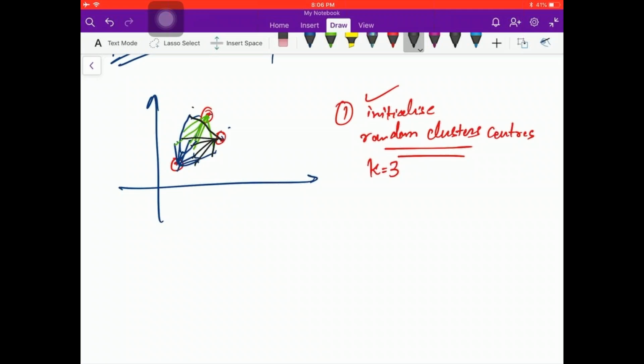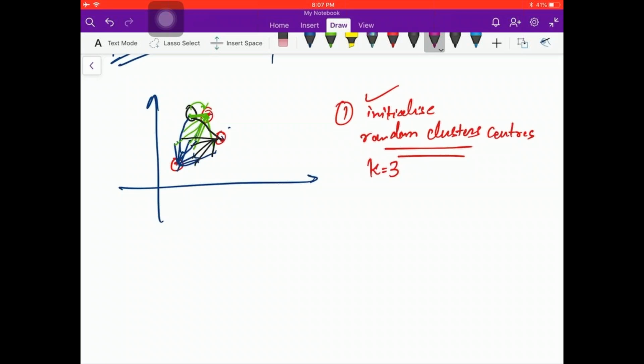Now this point, let's say, will have three distances, one green, one black, one blue, one for each of the three clusters, right? This point is closer to this cluster, so it will be grouped in this.